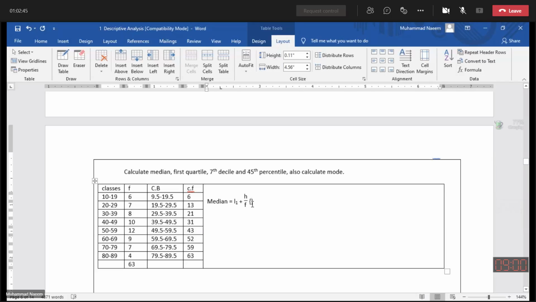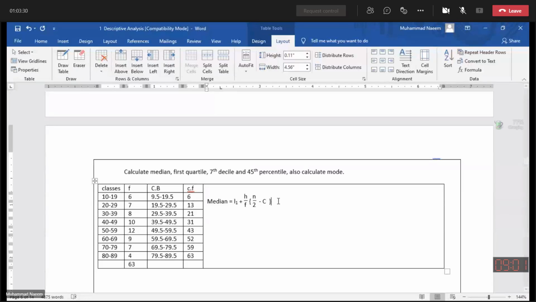N by 2, here we have N by 2 minus C. This will be the formula for median.